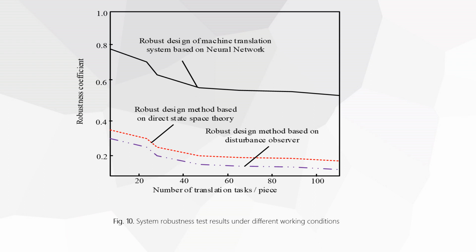This proves that the robust design method of machine translation system based on convolutional neural network has better robustness design effect. This is because the neural network is introduced into the system, through which the load scheduling amount of the system is determined, and the robust controller is designed. The robustness is improved through the combination of various aspects.